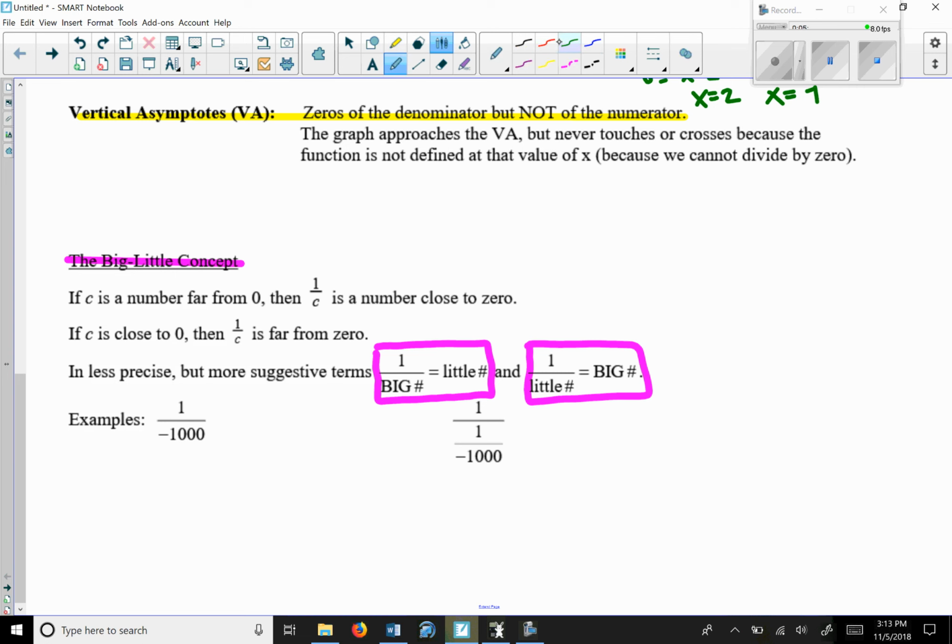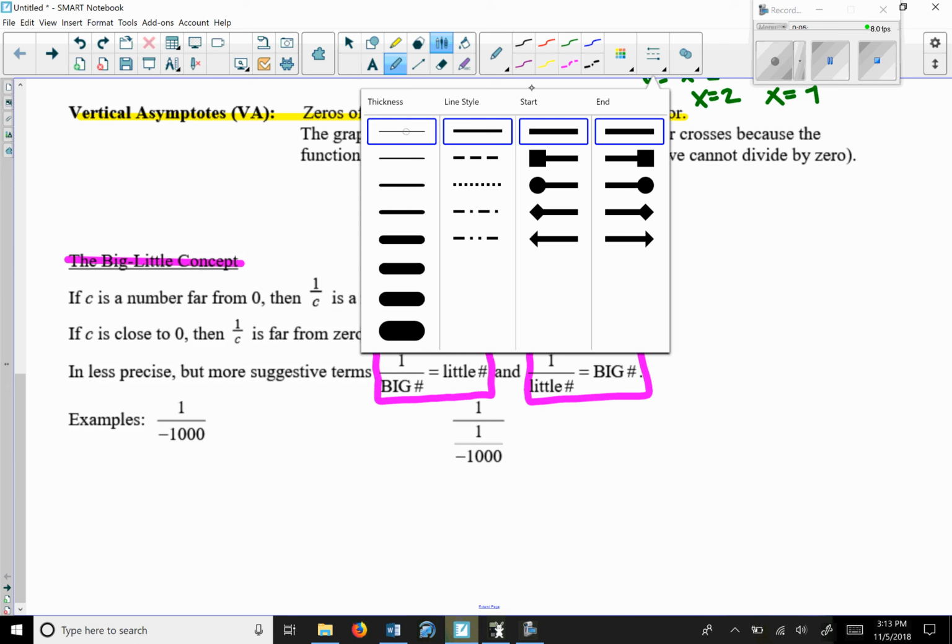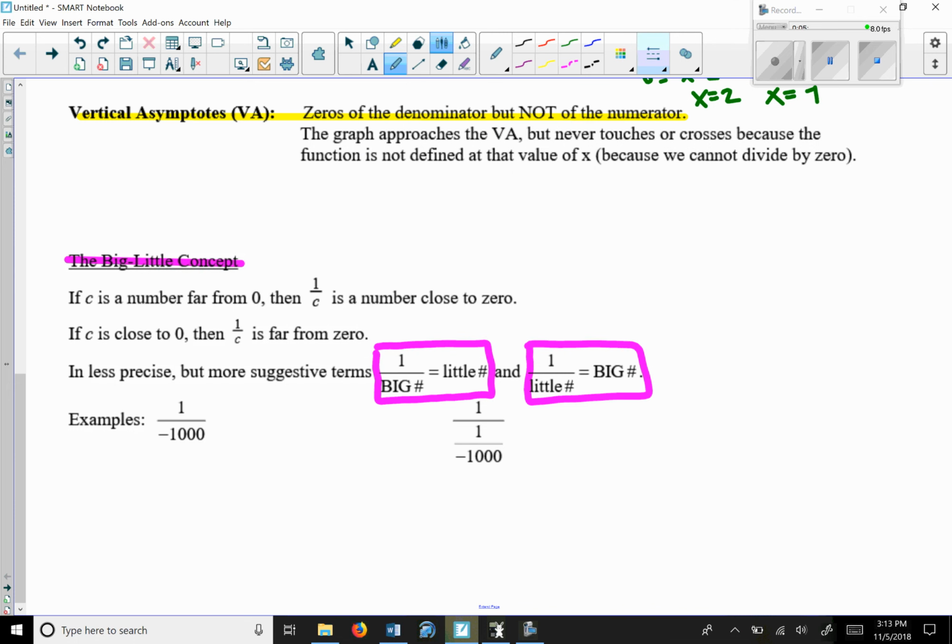So just real quickly, if we look at this, we have 1 over negative 1,000, which we know is equal to negative 0.001. So 1 over a very large negative number is a very small negative number. And in this case, same thing. I have 1 over, and we just said that this whole fraction in my denominator is negative 0.001.